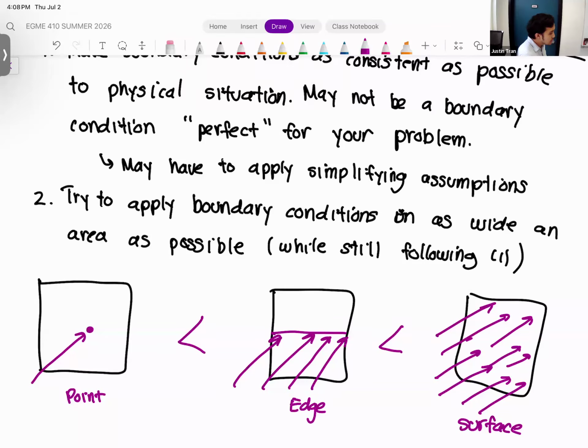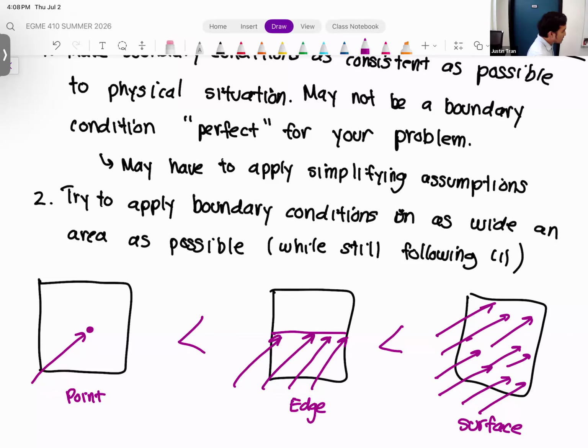Now, I mentioned this because in your solid mechanics class and your statics class, you're probably used to the practice of computing what's called an equivalent force, and you apply that equivalent force at a point. Analytically that's beneficial, because it makes things simpler to compute. But for FEA, you actually want to distribute that force over as wide an area as possible.